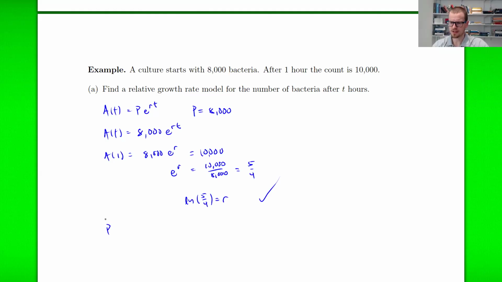This gives us a model. A of t is equal to 8,000 times e to the natural log of 5/4 times t. So that is the model that we were looking for.